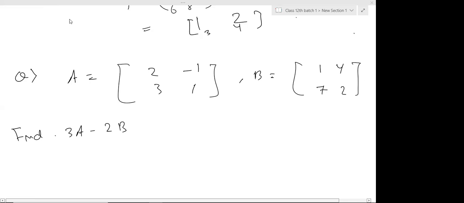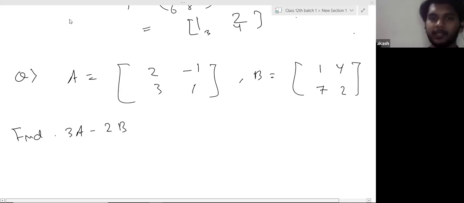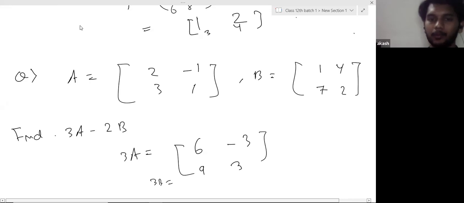All right, how can we solve this? Let's find out 3A. 3A will be 6, minus 3, 9 and 3, right? And 2B will be 2, 8, 14 and 4. Now we have to subtract this.